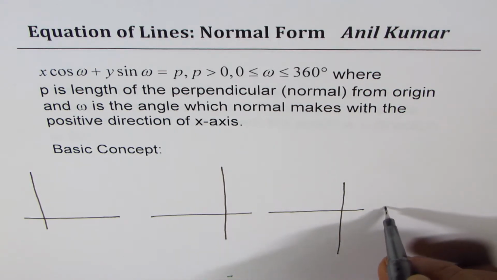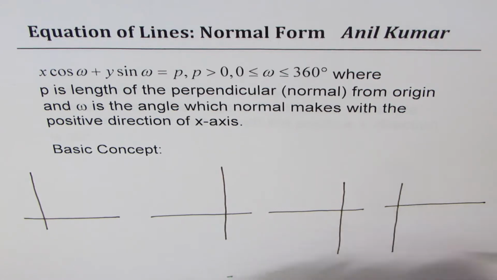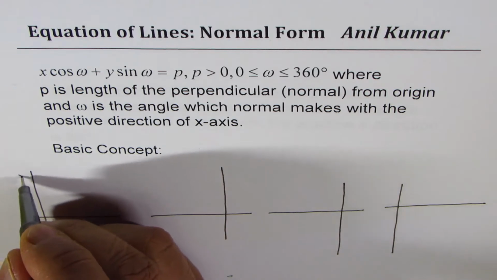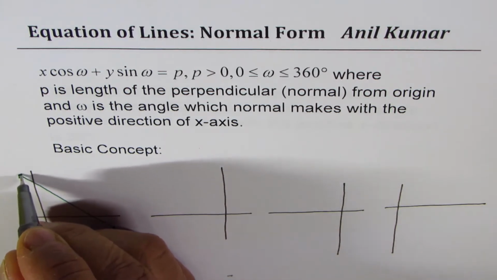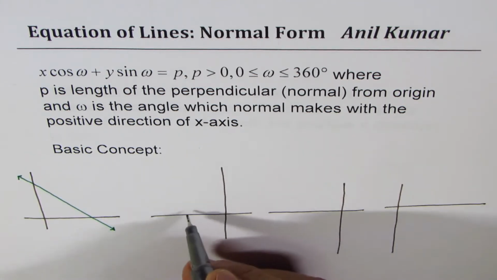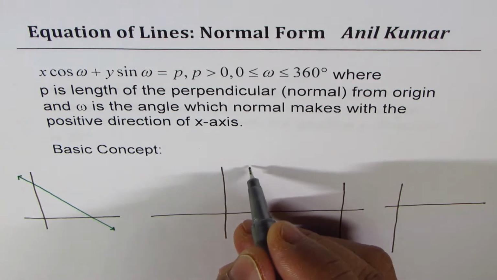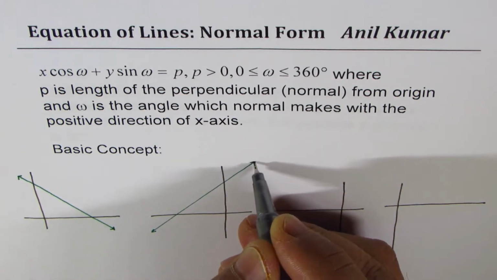So let me just make the axes so that I could draw lines in different quadrants. So here's the first line, which goes through quadrant 1. And then we'll draw a line here which has x and y intercepts corresponding to quadrant 2.